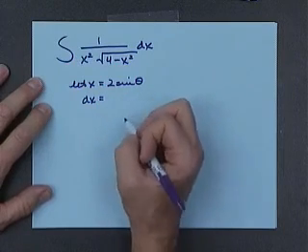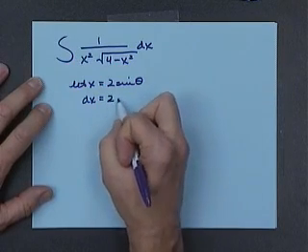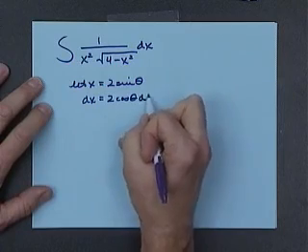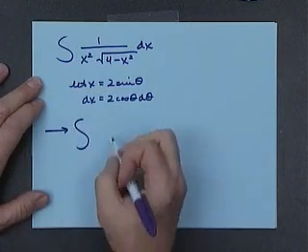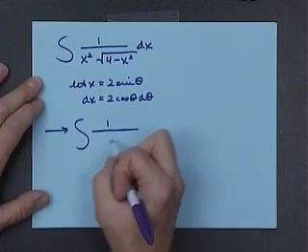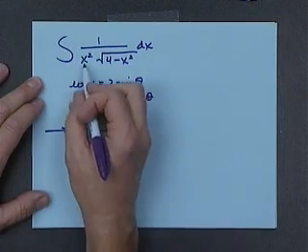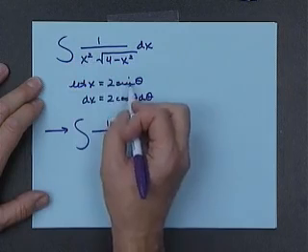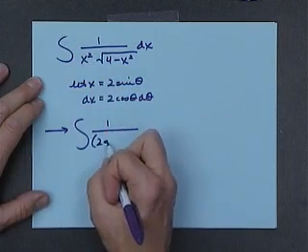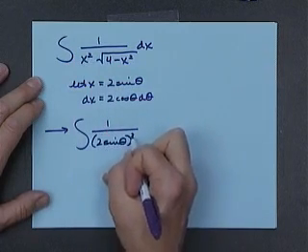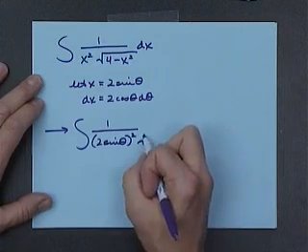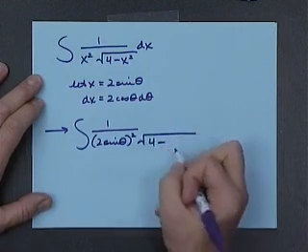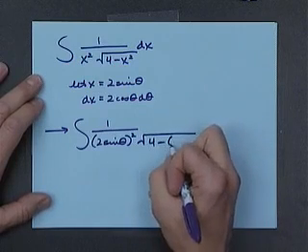So derivative of x is 2 cosine theta d theta. For x down here, we've got x squared, so that becomes 2 sine squared theta, square that product, under the radical, 4 minus x squared.